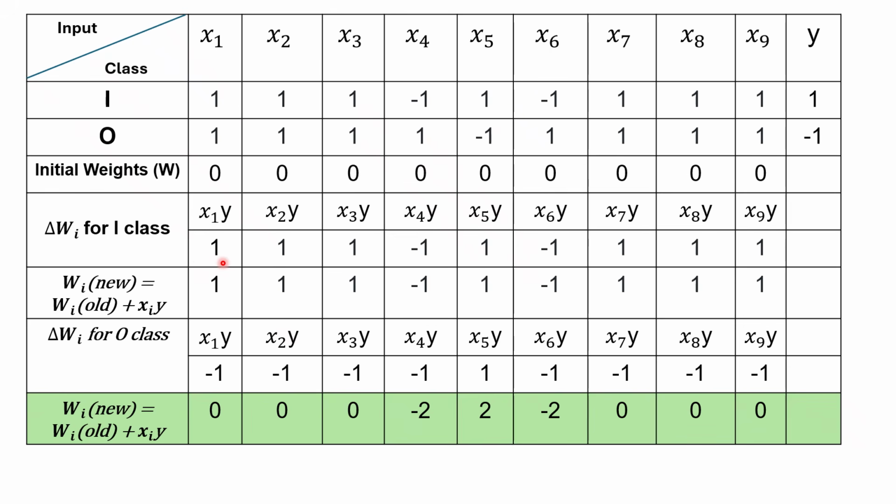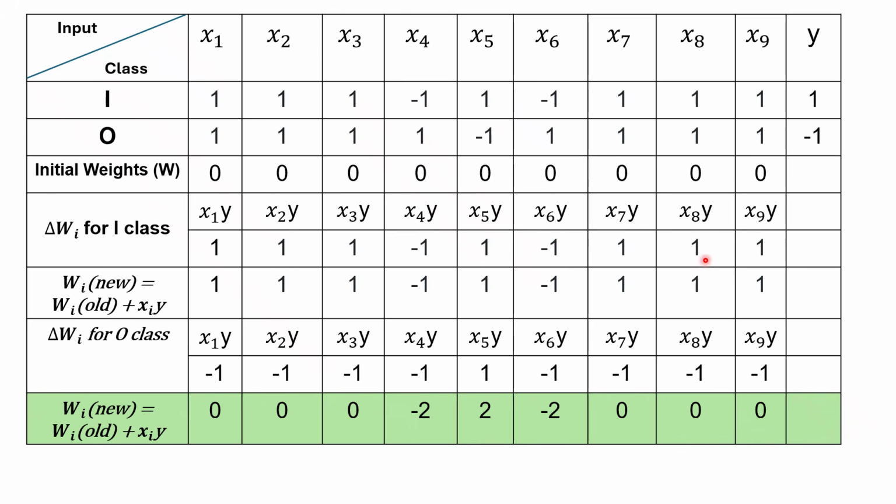So 1 into 1 is 1. Similarly, 1 into 1 is 1. Similarly, for del w4, minus 1 into 1 is minus 1.